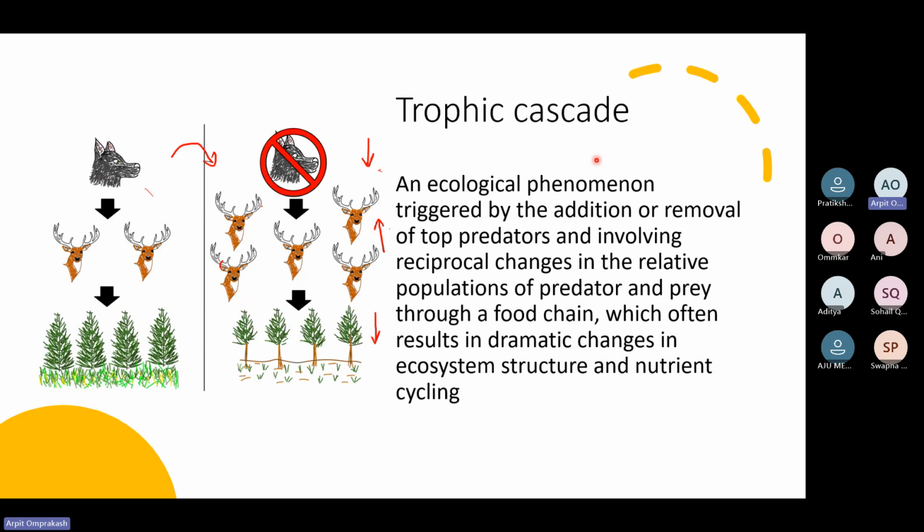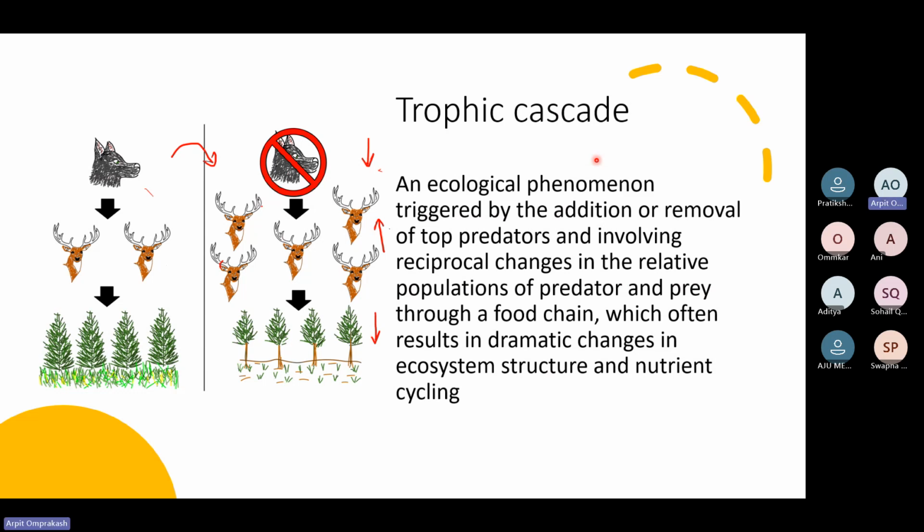We talked about trophic cascades, which is the ecological phenomenon triggered by the addition or removal of top predators and involves reciprocal changes in populations of many different predators and prey through the food chain, and results in dramatic changes in ecosystem structure and nutrient cycling. The example shown is Yellowstone National Park. There was a lot of overpopulation of deer, and because of that there was not a lot of grass and greenery.